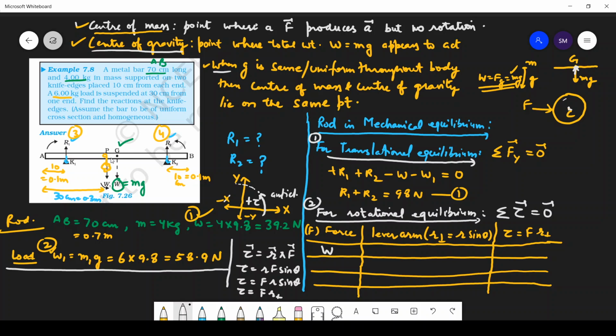So moments about G. So you are taking the moments about G. So this is what you need to write. Moments about G. So you can consider G as origin. You have to measure your distance R from G. Okay.